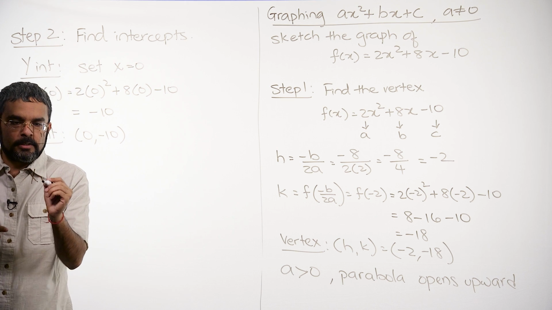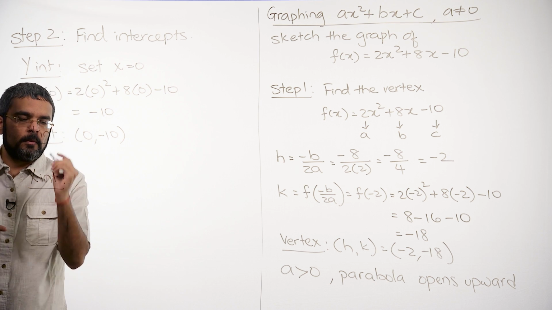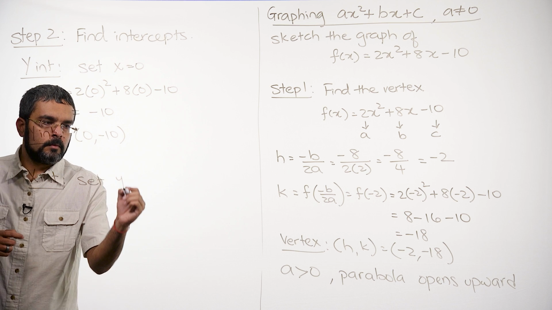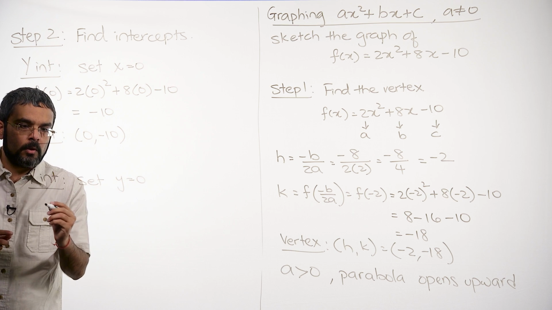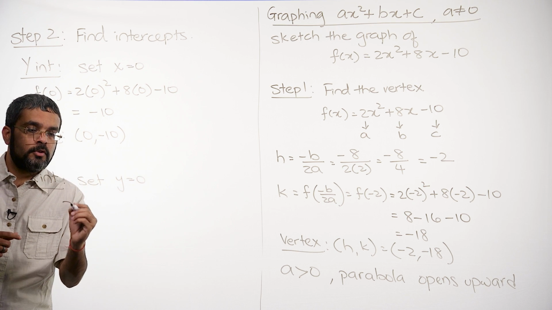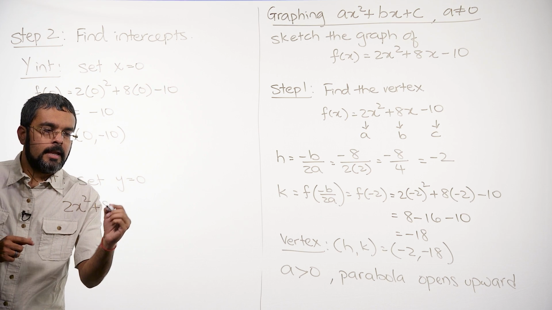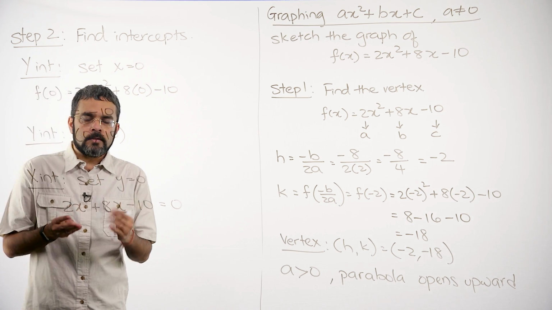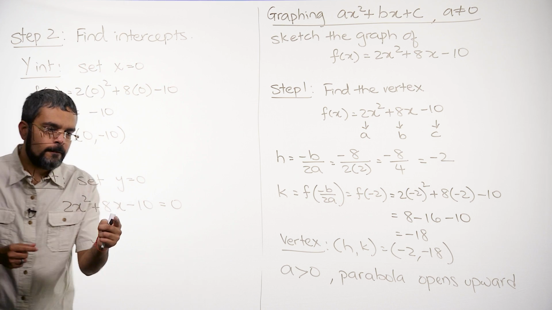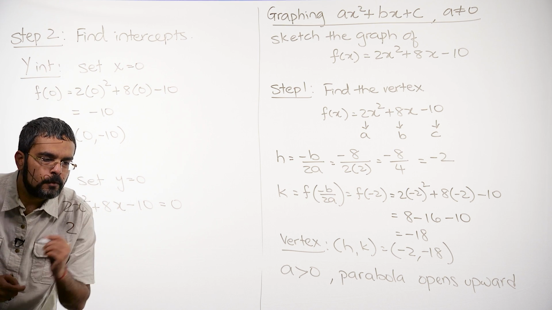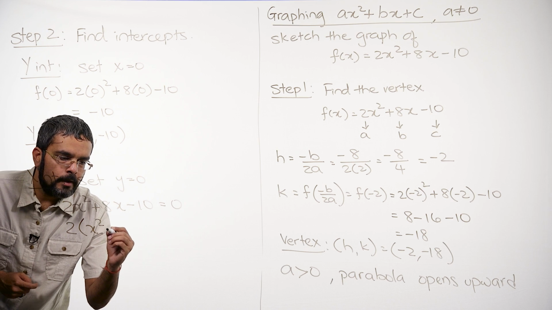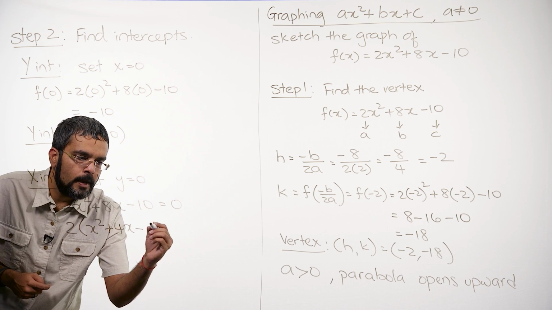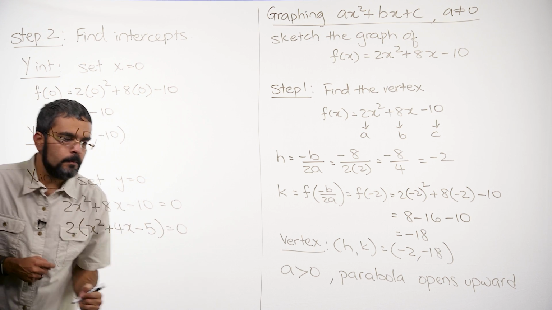And for my x-intercept, set y equal to 0. And so I have 2x squared plus 8x minus 10 equal to 0. So how do I solve this? I need to factor. I'm going to factor out a 2 first, and I'm left with x squared plus 4x minus 5 equal to 0.